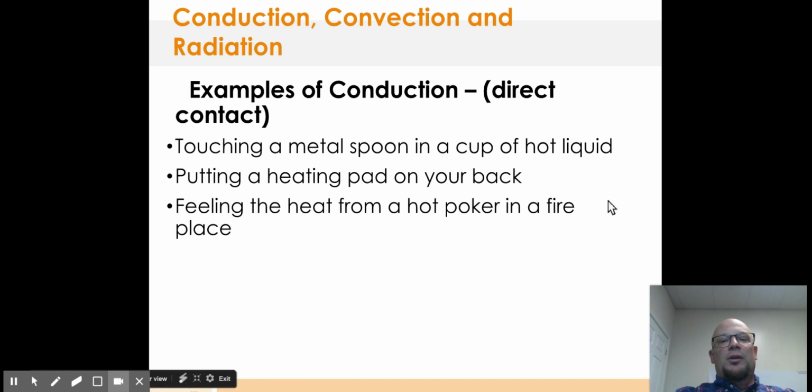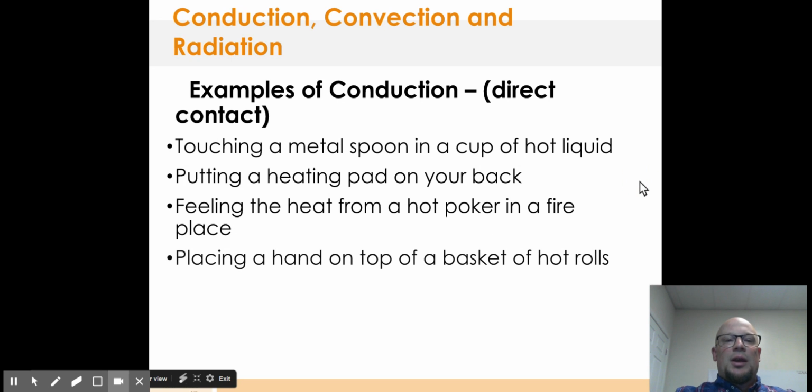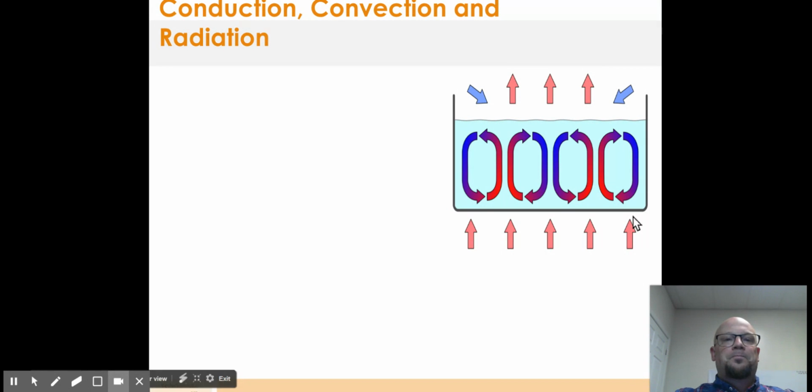If you use a fireplace at home and you have the poker there in the fire and grab it, it's going to be hot. That would be conduction. And then placing a hand on top of a basket of hot rolls. Anything that's warm and you make direct contact with it, it's going to be conduction. Again, direct contact is the key.